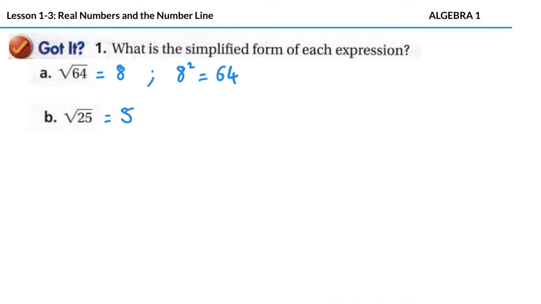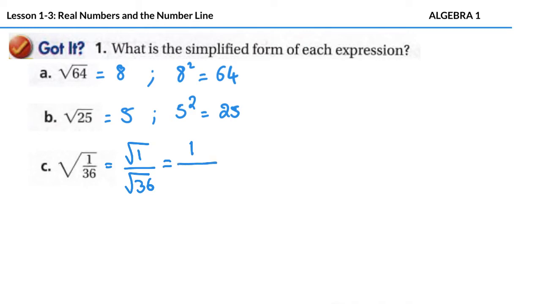It is 5 because 5 squared is 25. Next, what is the square root of 1 over 36? For easy understanding, you can split the square roots for the numerator and the denominator. Square root of 1 is 1 and square root of 36 is 6 because 6 squared is 36.